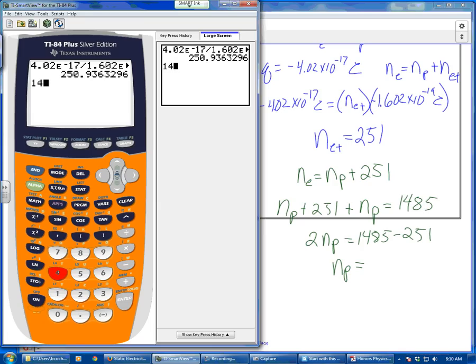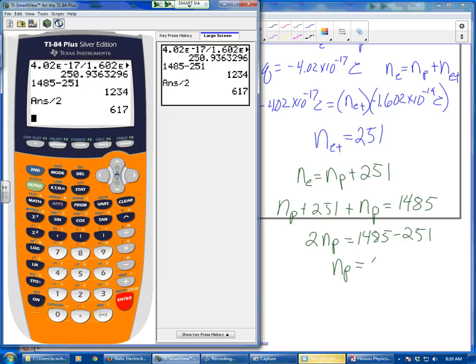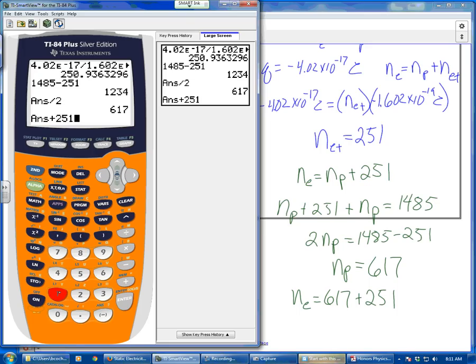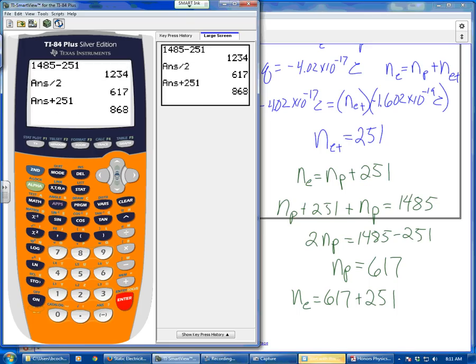And I get the number of protons to be 1485 minus 251, divided by 2. I get 617 protons. That means the number of electrons is going to be 617 plus 251, and I get 868.